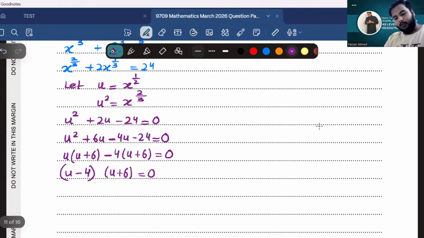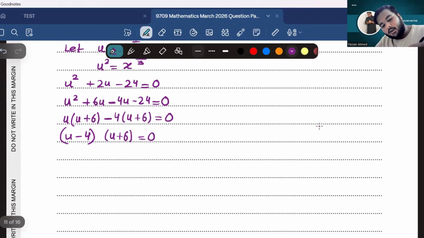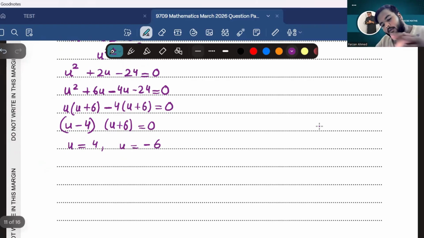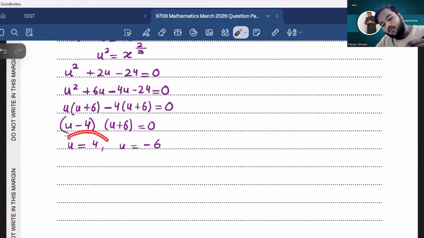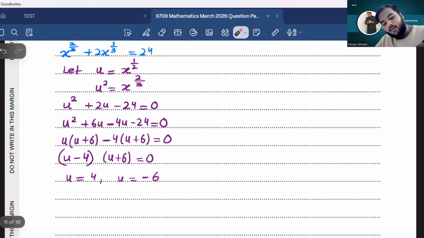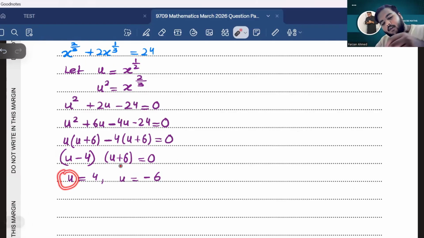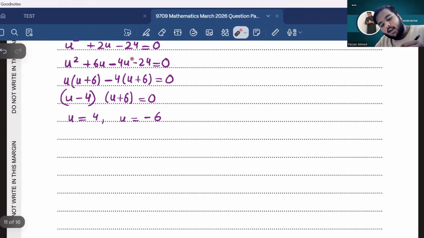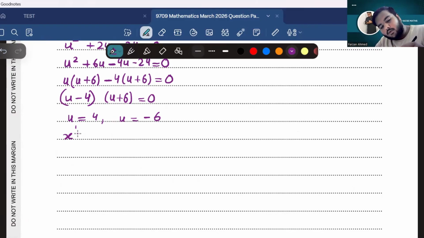Now, u is equal to 4 and u is equal to minus 6. So now when we have the u values, u is equal to 4 and u is equal to minus 6, what we have let u as is x raised to power 1 upon 3. So in the place of u, we will let x raised to power 1 upon 3 is equal to 4 and x raised to power 1 upon 3 is equal to minus 6.